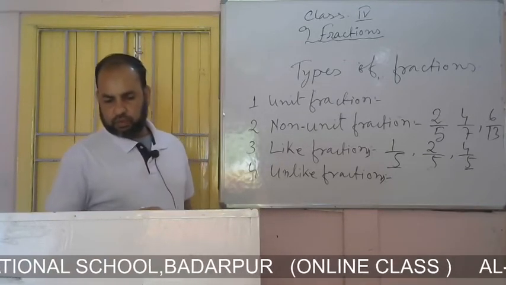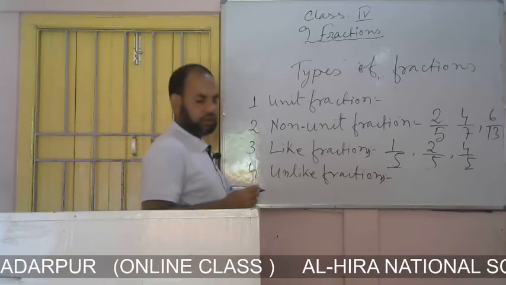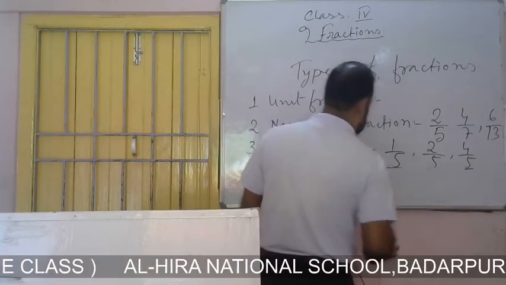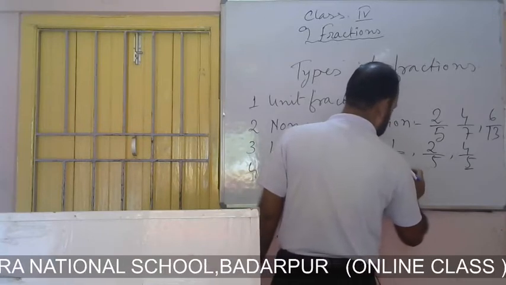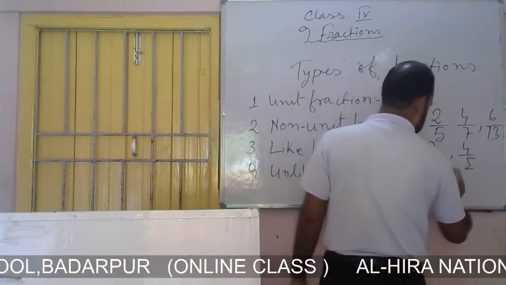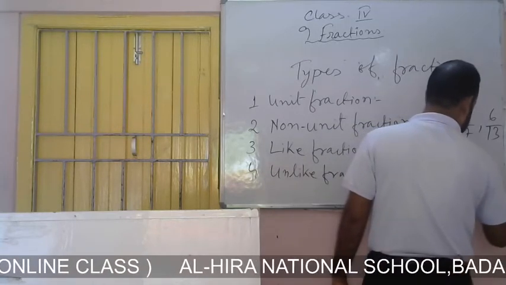Fractions with different denominators are called unlike fractions. For example, 3 by 7, 5 by 12, 7 by 15.